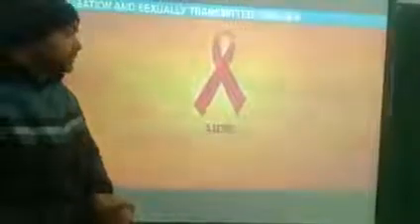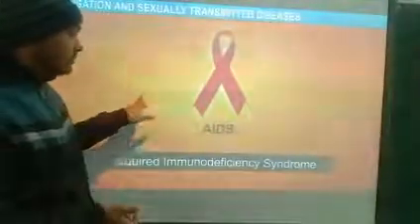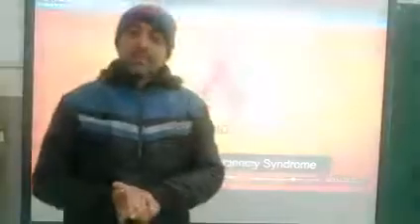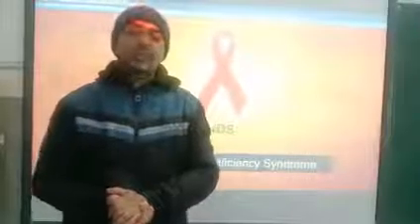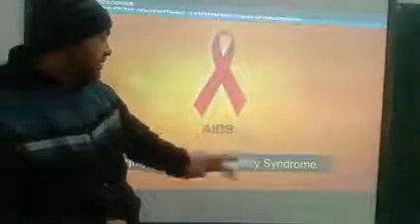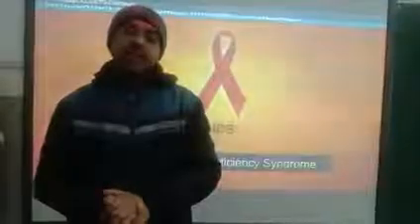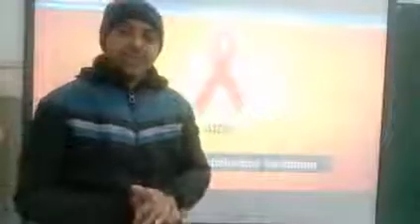AIDS, acquired immune deficiency syndrome, is the infection. It is one of the dangerous diseases that we know, because the name is acquired immune deficiency syndrome. It means our immune system will be deficient and it will open the door for different types of other diseases, and till date it is not a curable disease.